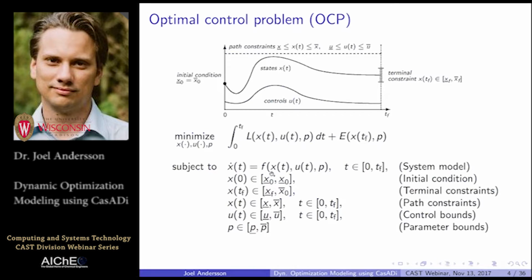And importantly, as constraints in our optimization problem, we have an ordinary or differential algebraic system of equations. So here is one simple example of an optimal control problem, trying to minimize this cost function here, and we have bounds on our states, on our free controls, and free parameters in this case.